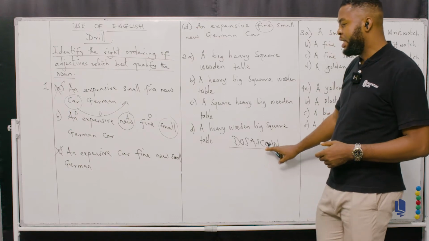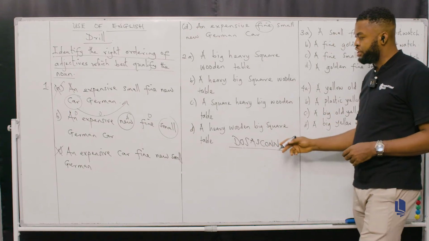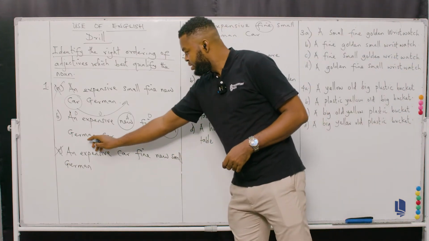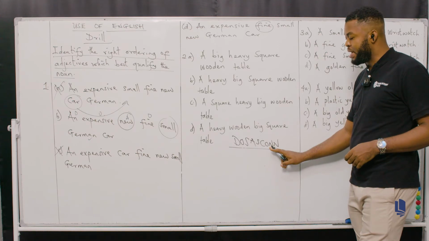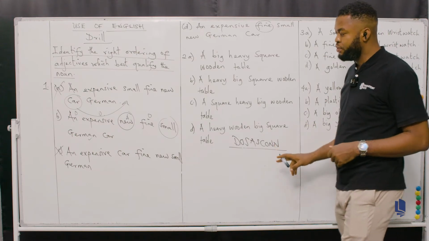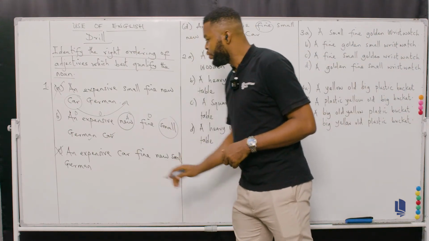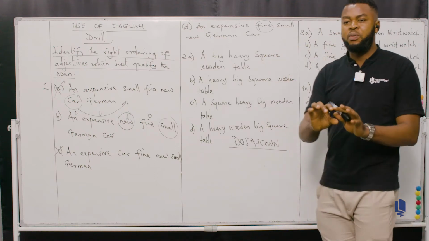Then the next thing is origin, German. Then noun that functions as adjective, not present there. Then the actual noun, which is car. Can you see? So if you compare B and C, you realize that B has a proper ordering of adjectives.